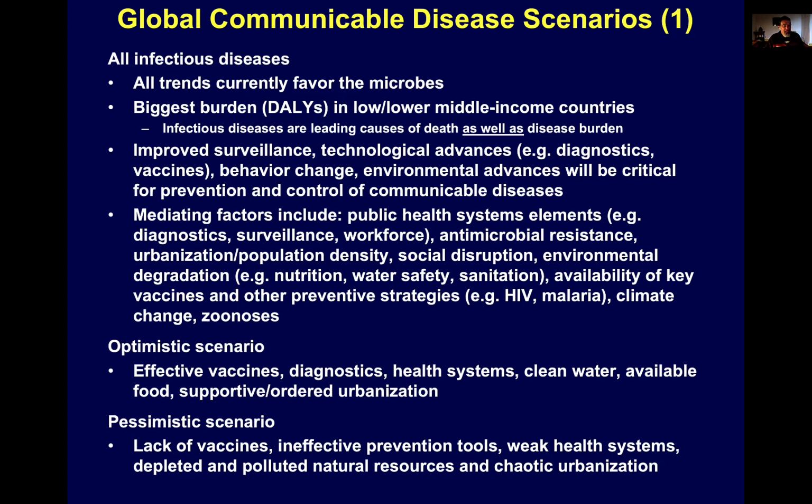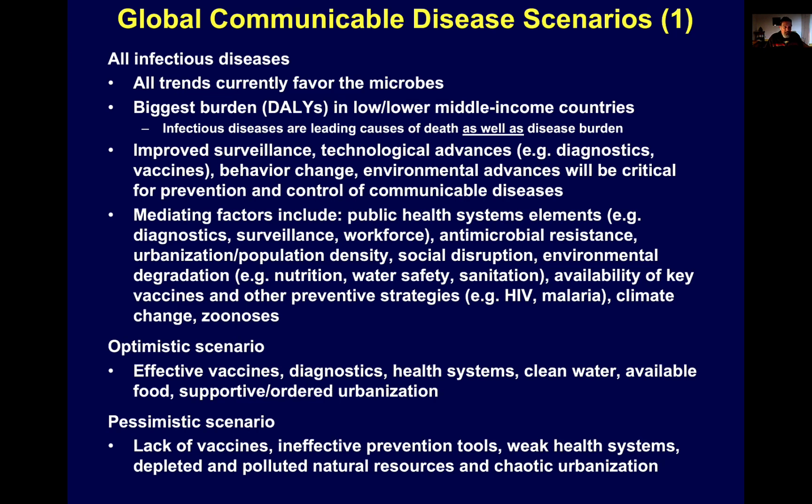But the mediating factors that might influence the trajectories here include the public health systems, how good are our diagnostics, the extent to which antimicrobial resistance continues to grow, things like urbanization and population density, the extent to which we degrade the environment and ecosystems, what kinds of availability of vaccines and other preventive strategies might come available, and climate change and also zoonoses.